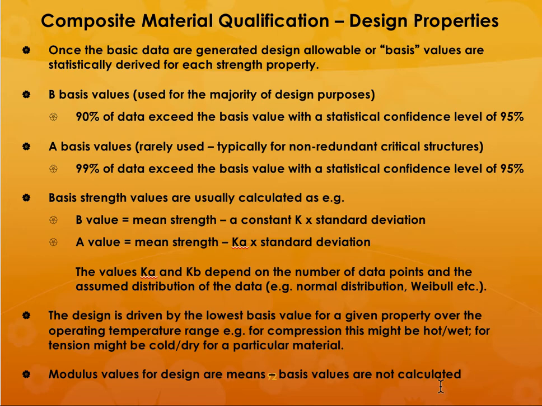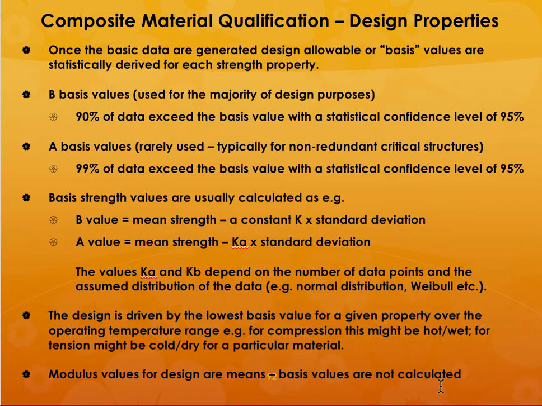So in this case the constant would be 1 or something like that, or you can say 2 standard deviations or 1 standard deviation. You do that and you calculate, and it is based on the number of data points and the assumed distribution of the data, whether it is normal distribution, Weibull, etc.